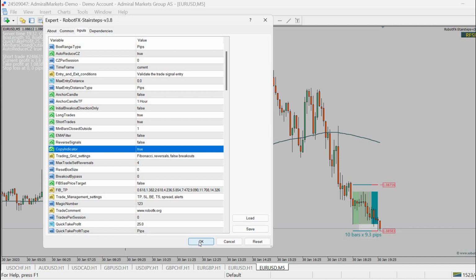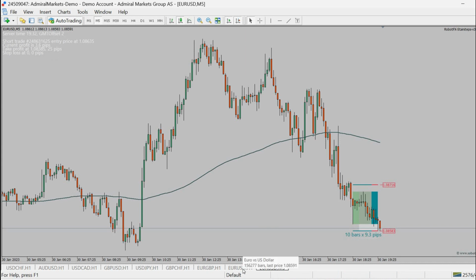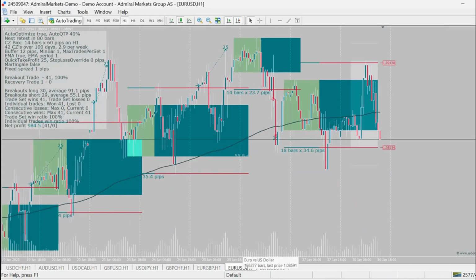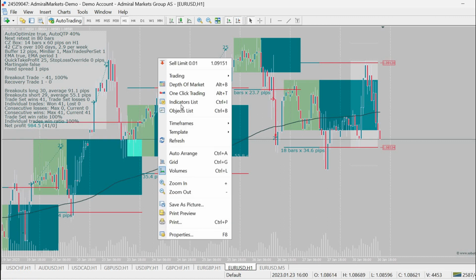However, there is also a RobotFX Stairsteps indicator that I use, or that can be used to find the best settings or the most optimal settings for your chart, time frame, and so on. And this is what I have on this chart. Let me go to the indicator settings.